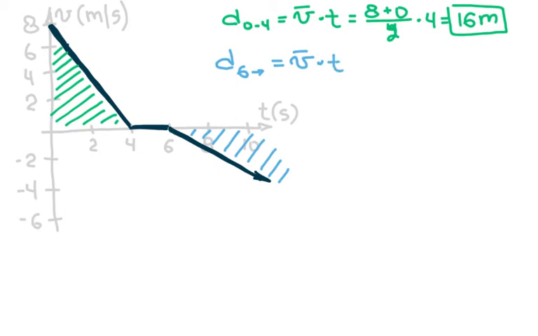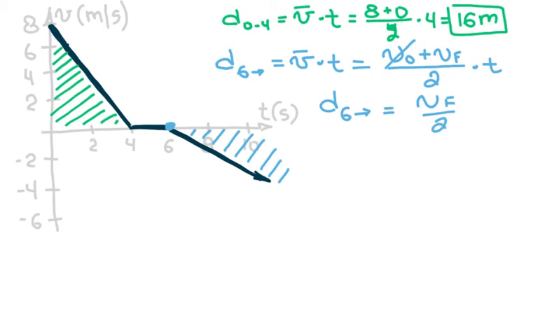The time is the part that they ask me about. So that is initial velocity, which is 0 at 6 seconds, plus the final velocity, divided by 2, times the time. So initial is 0 because at 6 seconds the velocity is 0. And then the distance from 6 seconds on can be written as v final over 2 times the time.